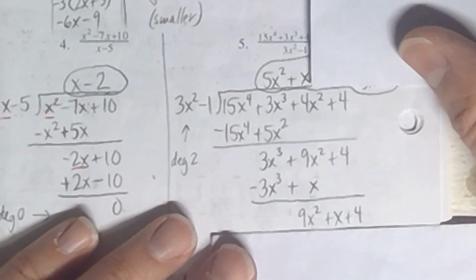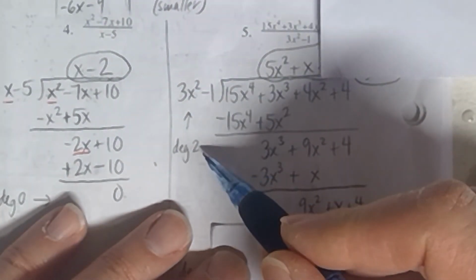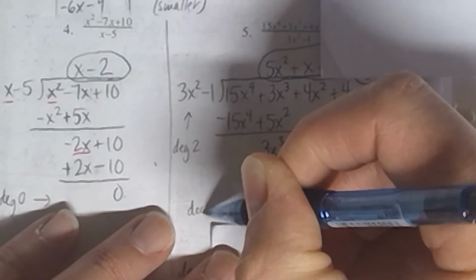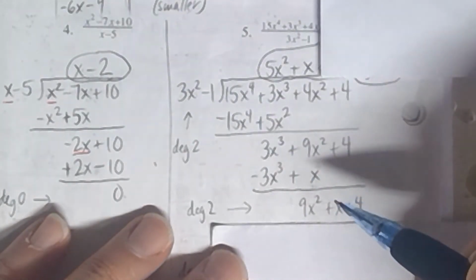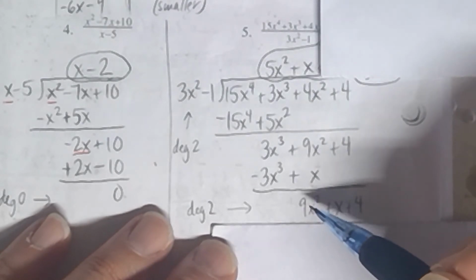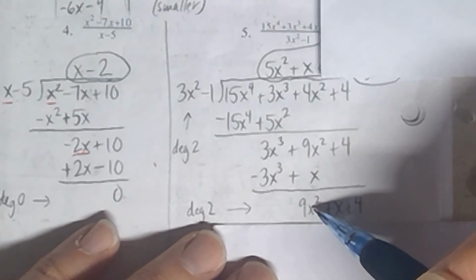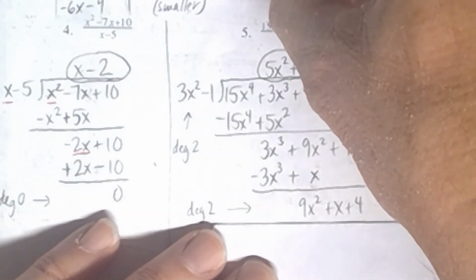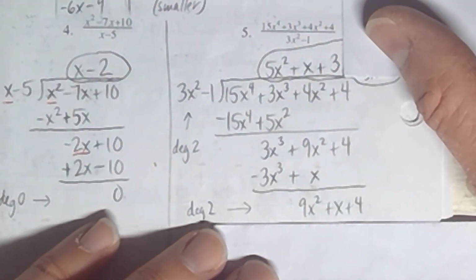Remember the final, outside part right here is degree 2. This current remainder that we have is also degree 2. And so we just need to what? It looks like, not for sure, but it looks like just one more round of dividing, multiplying, and subtracting is needed here. So 9x squared divided by 3x squared, the x squareds cancel and you get just plus 3, positive 3, so we say plus 3.